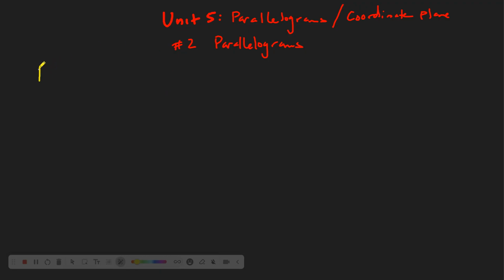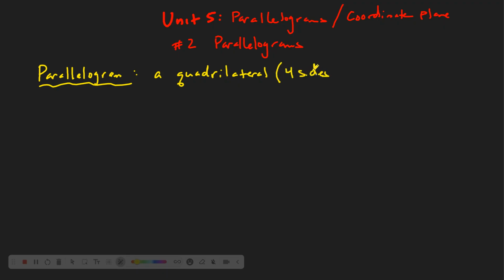So a parallelogram is a quadrilateral, that means it has four sides, with both pairs of opposite sides parallel.